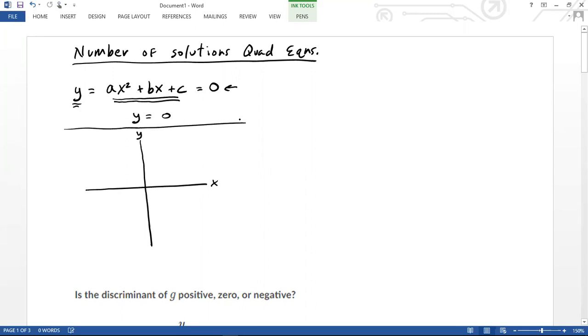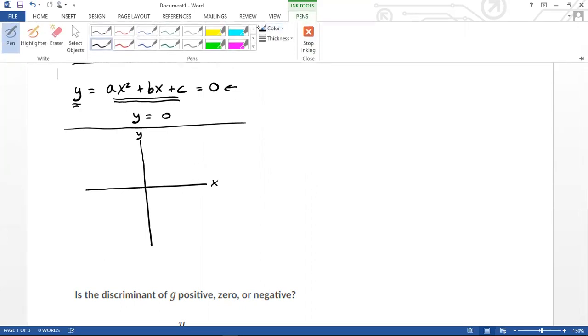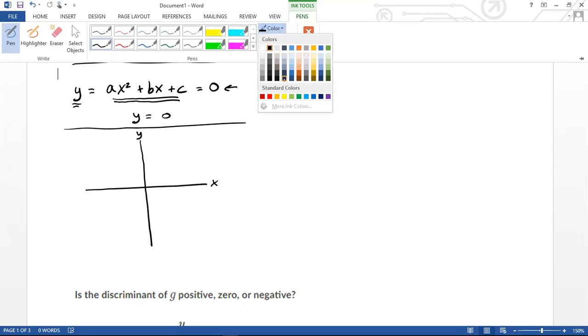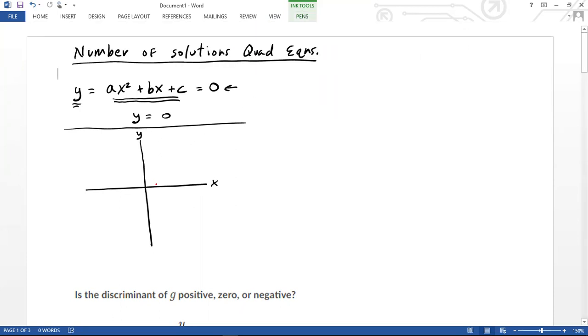So y equals 0 is right here. Y equals 0 would be this entire line right here. So the x-axis is actually the same as the graph of y equals 0.